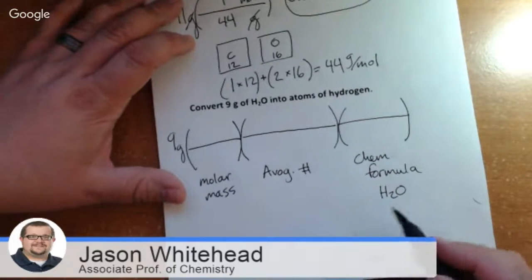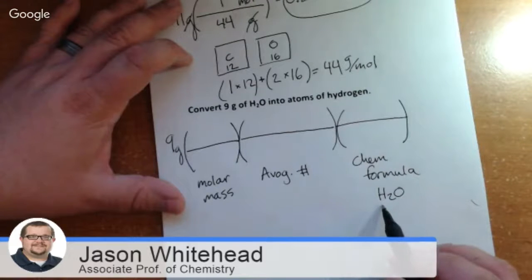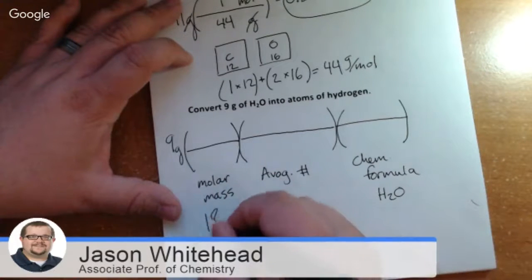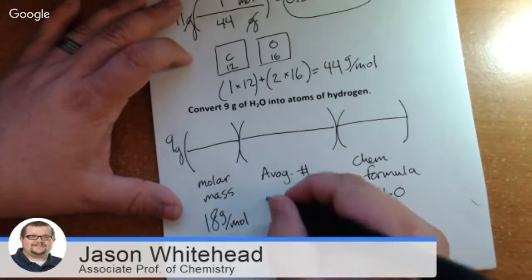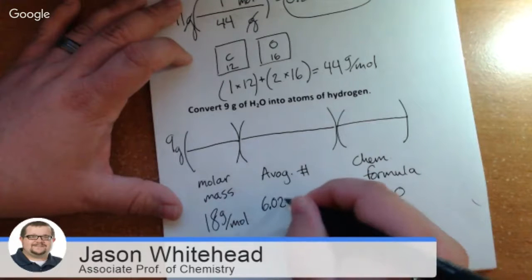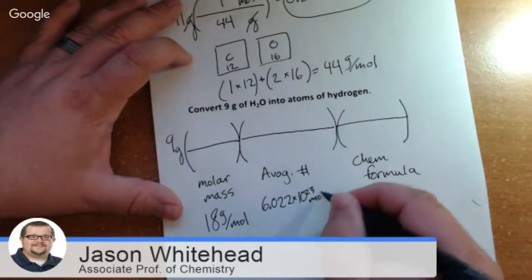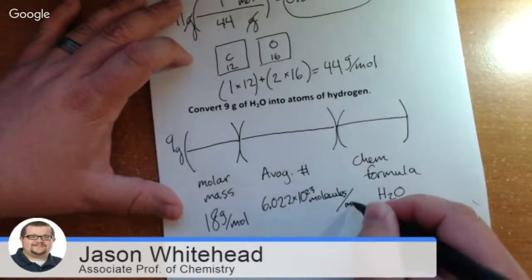Okay, just to speed this up so we can get to the stoichiometry, H's are 1 apiece, the oxygen weighs 16, that means that my molar mass is 18 grams per mole. Avogadro's number is always the same, 6.022 times 10 to the 23rd, and that's molecules per mole.